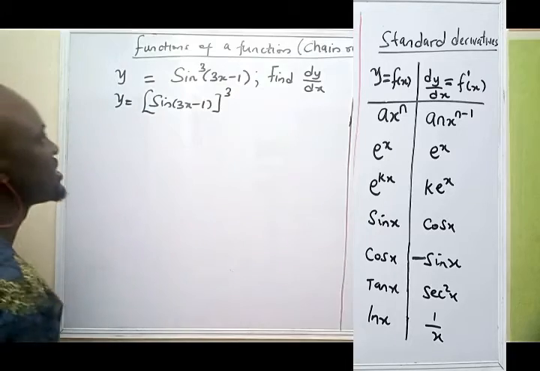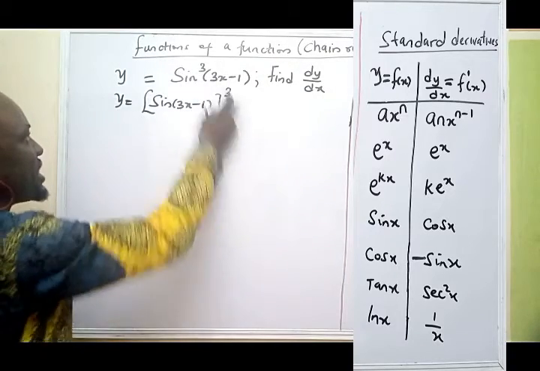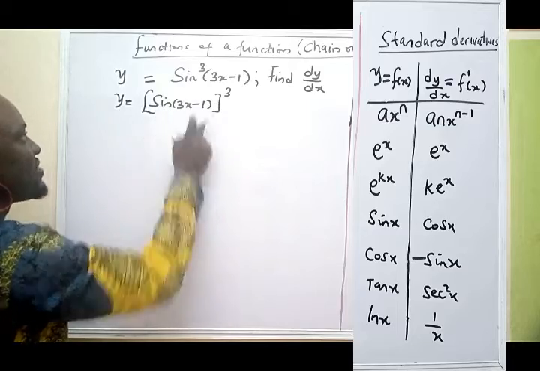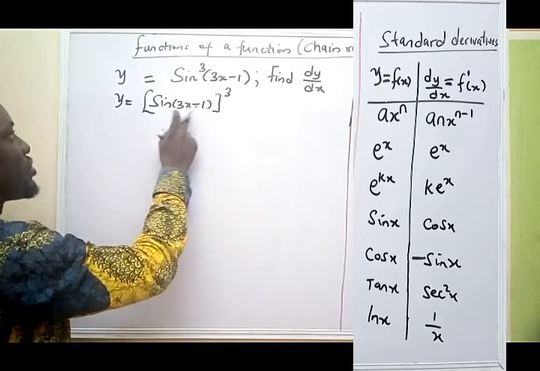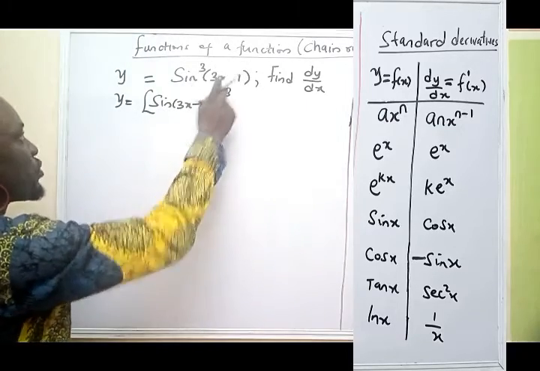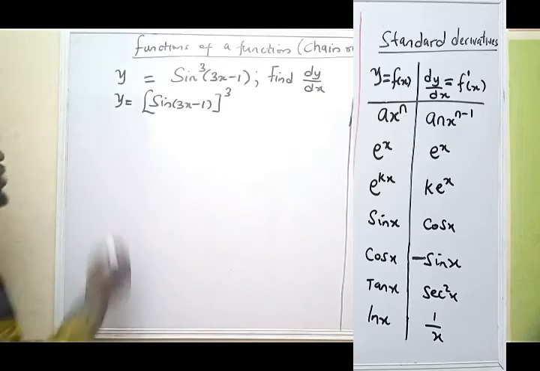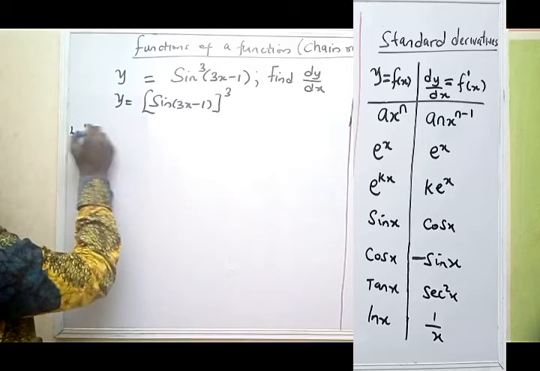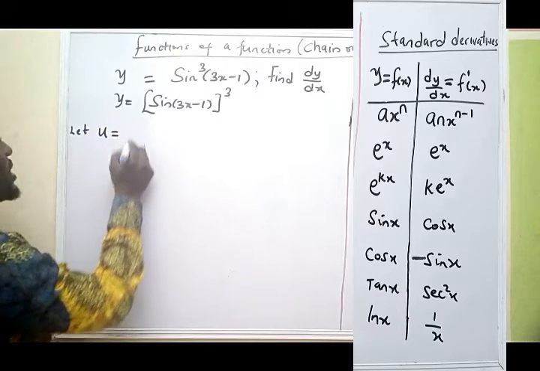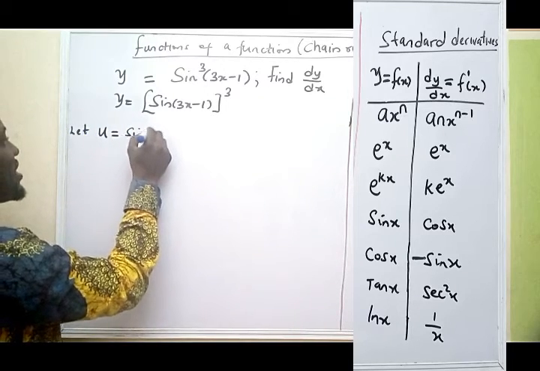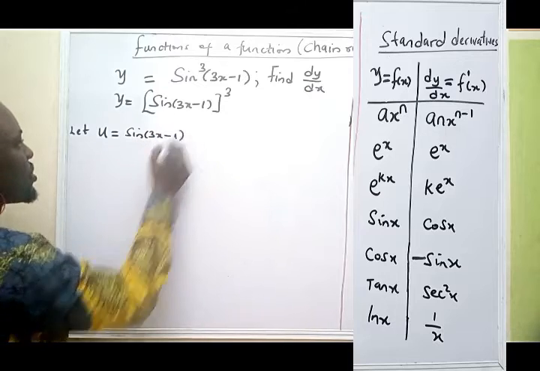What it means is that this whole thing is a function of what I have inside. Since I know that, I will say let u be sine (3x minus 1).